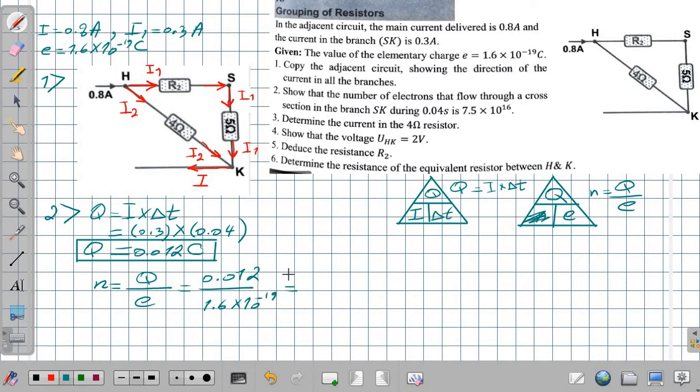Finally, we will get the answer 7.5 times 10 to the power 16. Since Q is in coulomb and also the elementary charge is in coulomb, which cancel each other, there is no unit for the number of electrons, unitless 7.5 times 10 to the power 16.